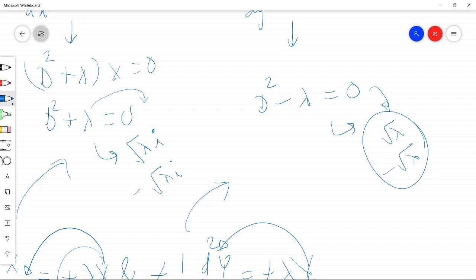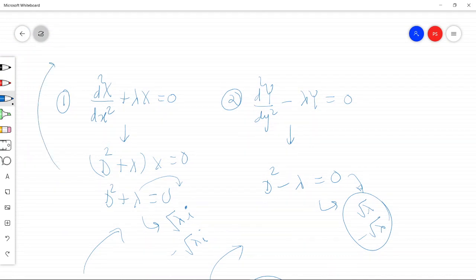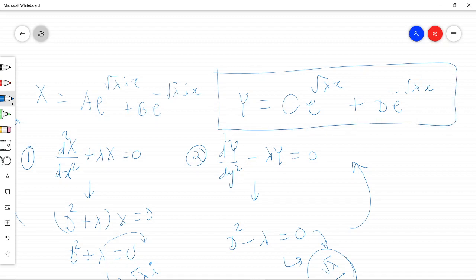So we already know what the solutions should be in such cases. Here the solution is X equal to some constant A e raised to root lambda i x plus B e raised to minus root lambda i x. In the other case the solution is Y equal to some other constant C e raised to root lambda y plus D e raised to minus root lambda y. These methods or techniques have already been discussed.